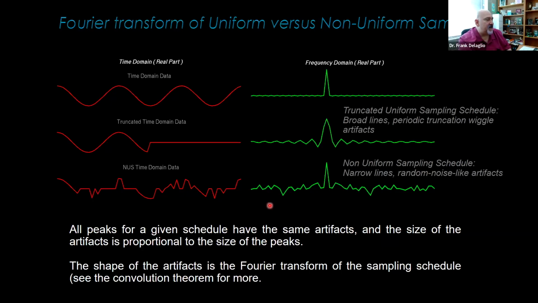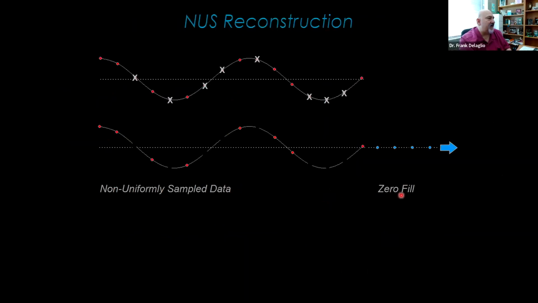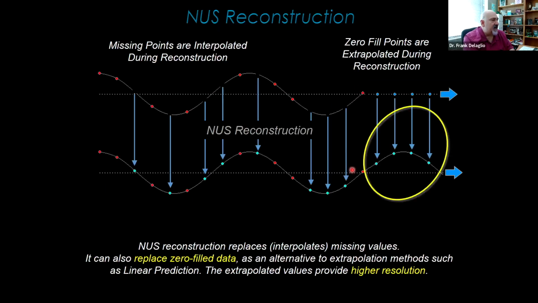All right. So we'd like to be able to retain this advantage of nice narrow peaks without these artifacts. And so how do we do that? In order to do that, we have to do the equivalent of filling in the missing points. And any procedure that we use to fill in missing points in the data, either directly or indirectly, can also be used to extrapolate and add additional points at the end of the data.